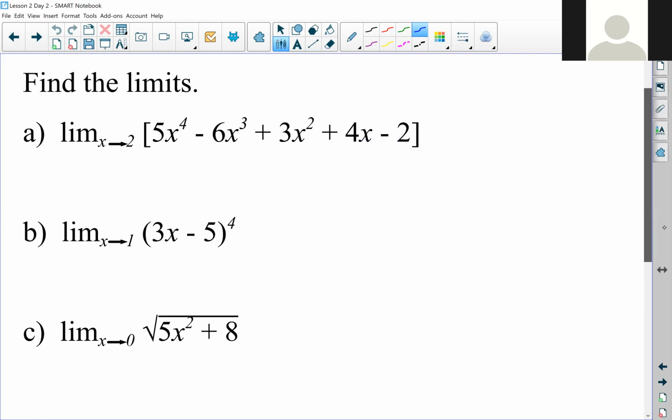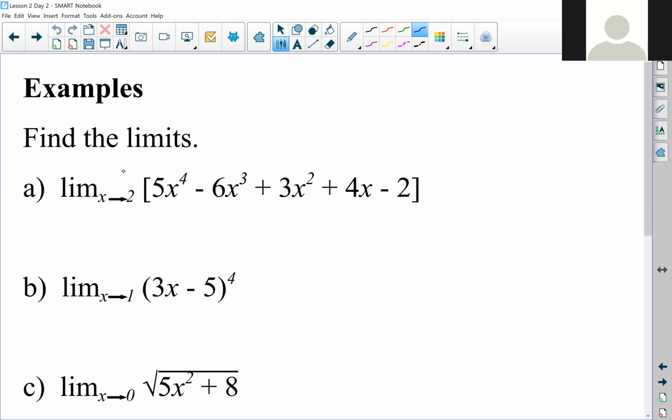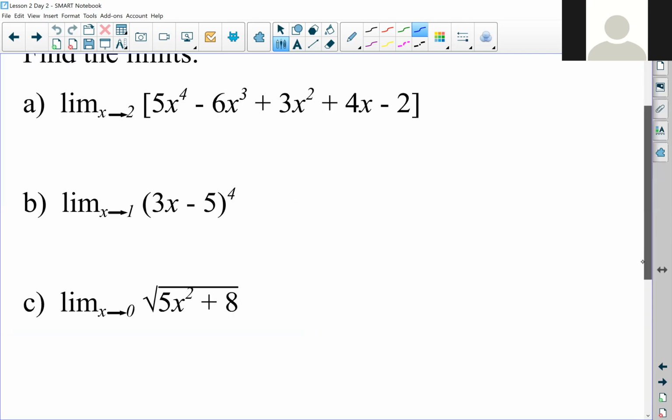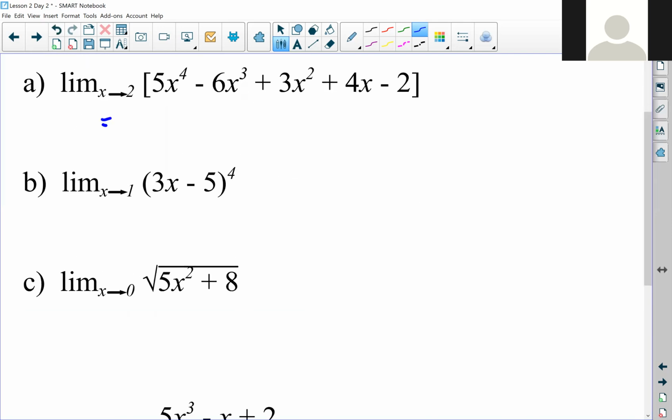And the property we looked at said, just take this and plug 2 in for x. We still have to write the right operations down.